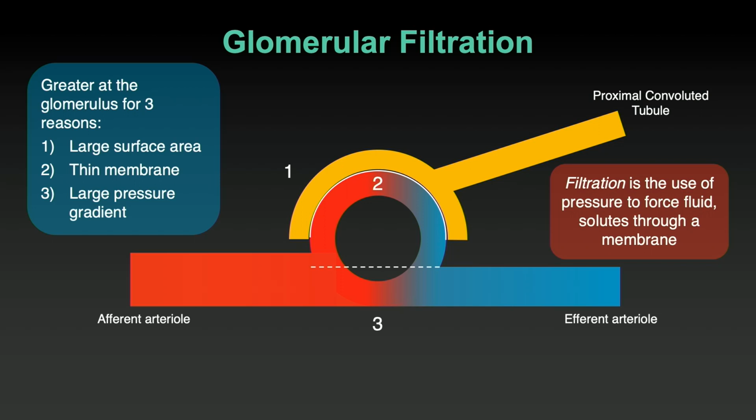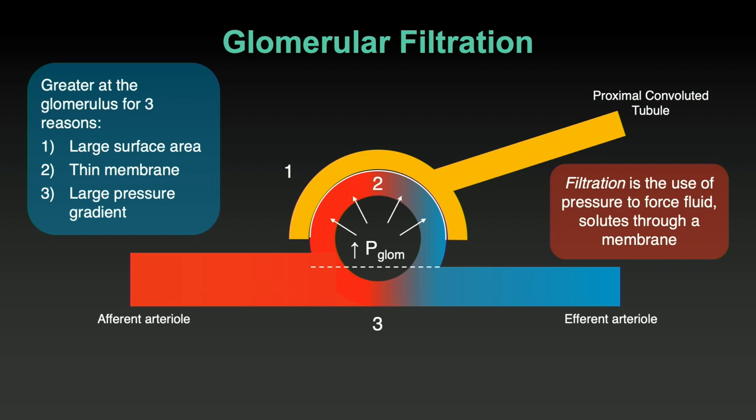And what this horizontal line is meant to represent is the bottleneck created at the glomerulus. The efferent arteriole is a little bit smaller than the afferent arteriole, which creates a bottleneck and increases pressure in this area because more blood arrives than can leave the structure.